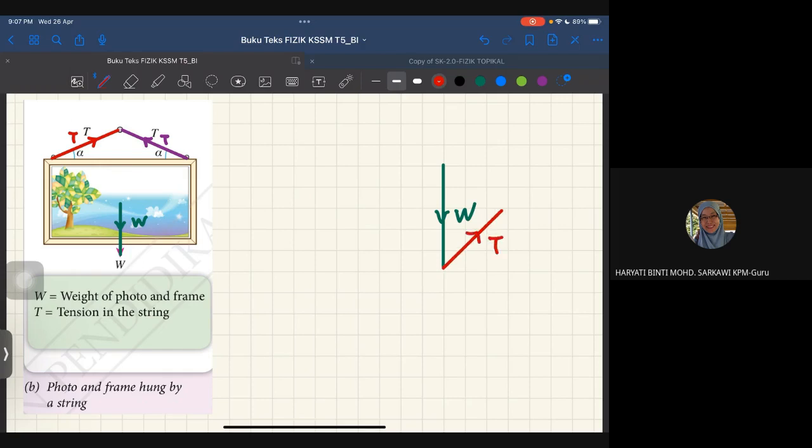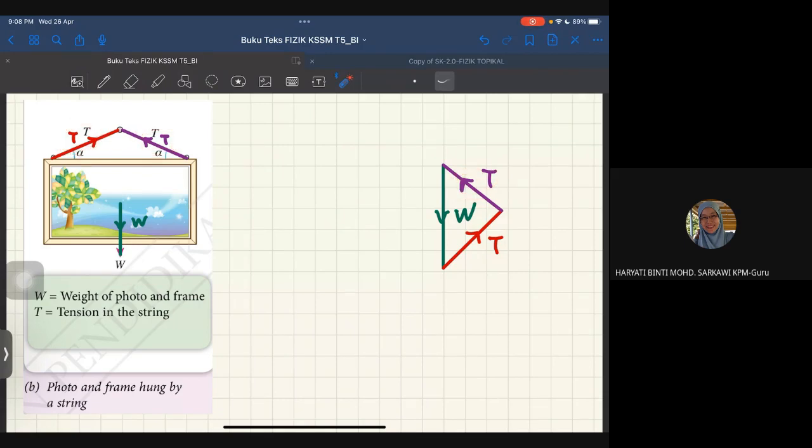And then the purple T need to be drawn behind the red T lah. Do you realize that I don't change the direction? Direction is still the same. So W downward, and then T here, and then this T is here. So the direction are not changed.